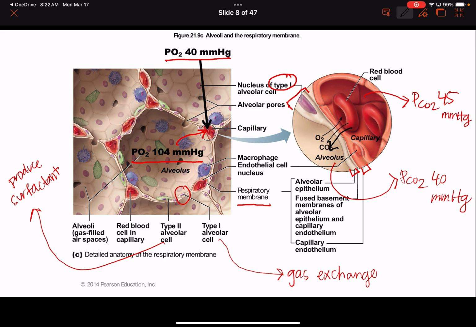So everybody okay with that concept? Okay, yeah. For the respiratory membrane, you said it was the walls of the alveolar and what? So the wall of the alveolus and the wall of the capillary, yeah. So if I ask you where specifically is gas exchanged, you're going to tell me that it's at the respiratory membrane.